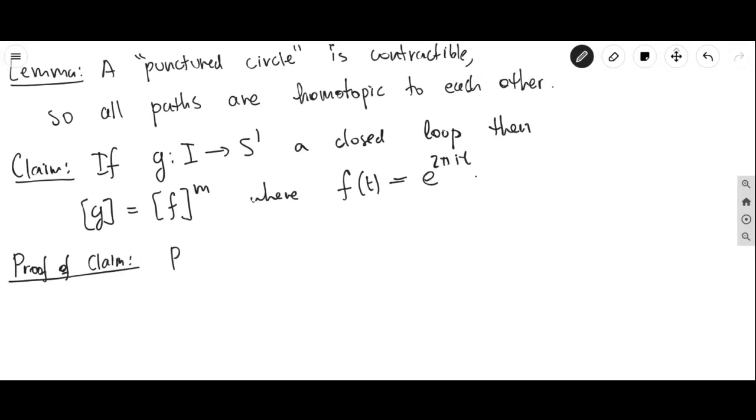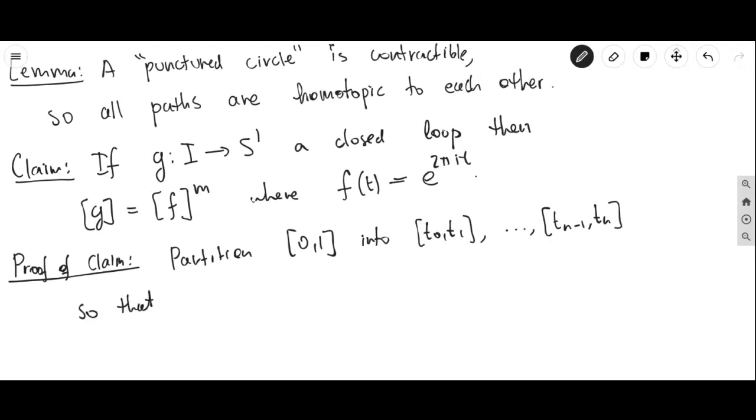So we're going to, again, partition this interval from 0 to 1 into subintervals, say [t_{j-1}, t_j], so that G restricted to that subinterval [t_{j-1}, t_j] omits either +1 or -1. It omits one of those 2 points.